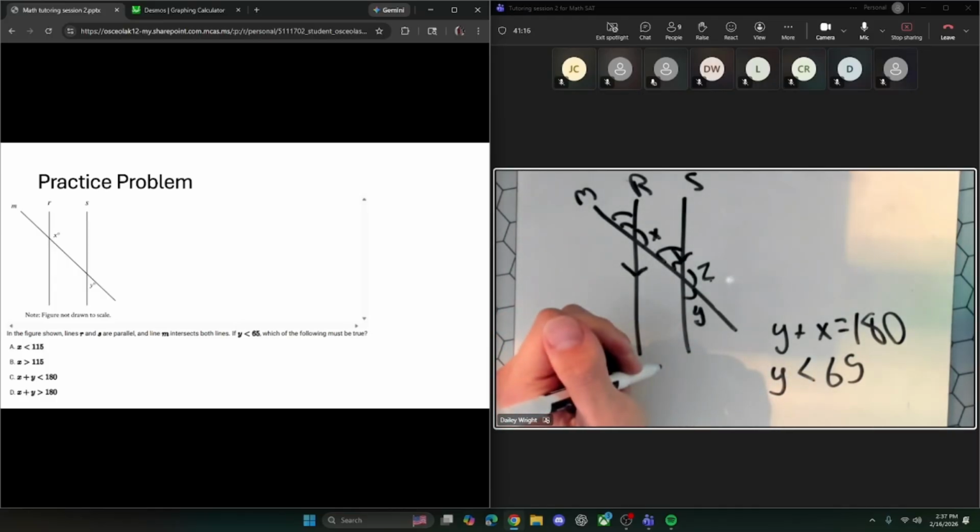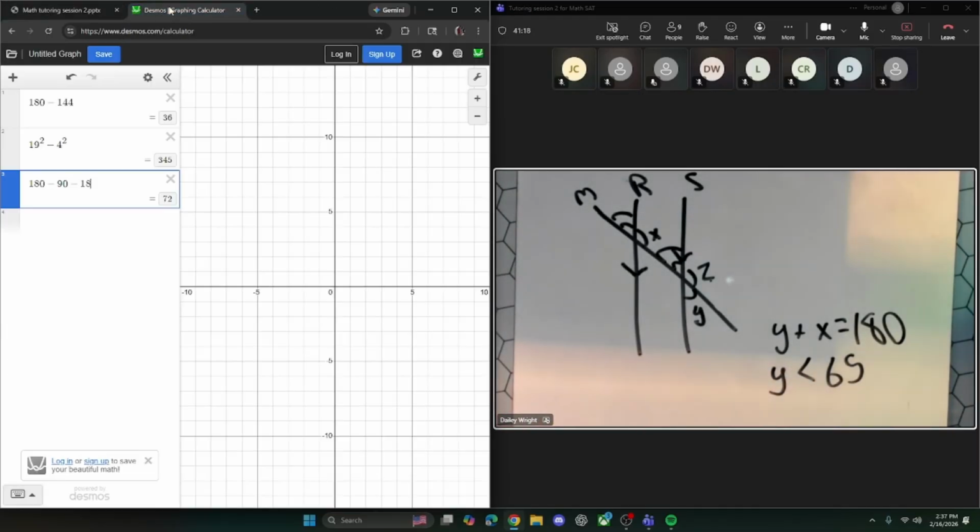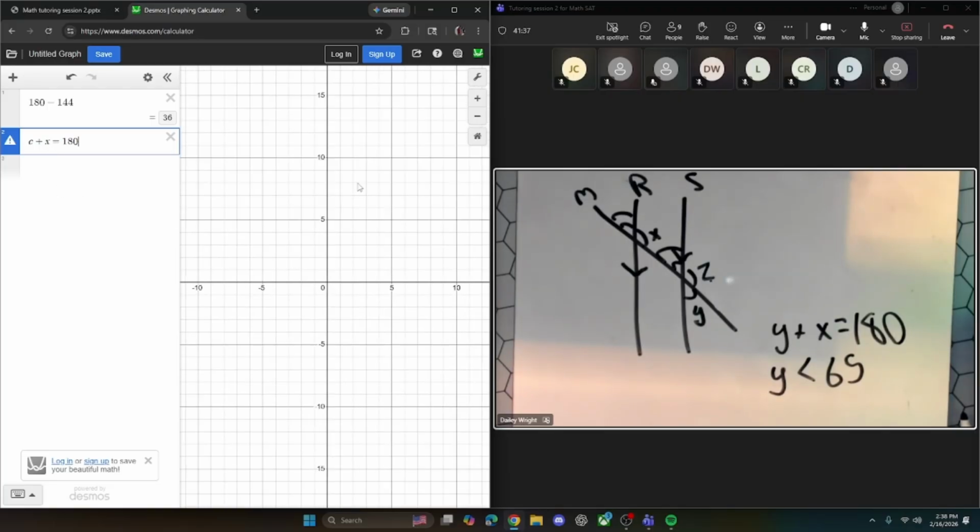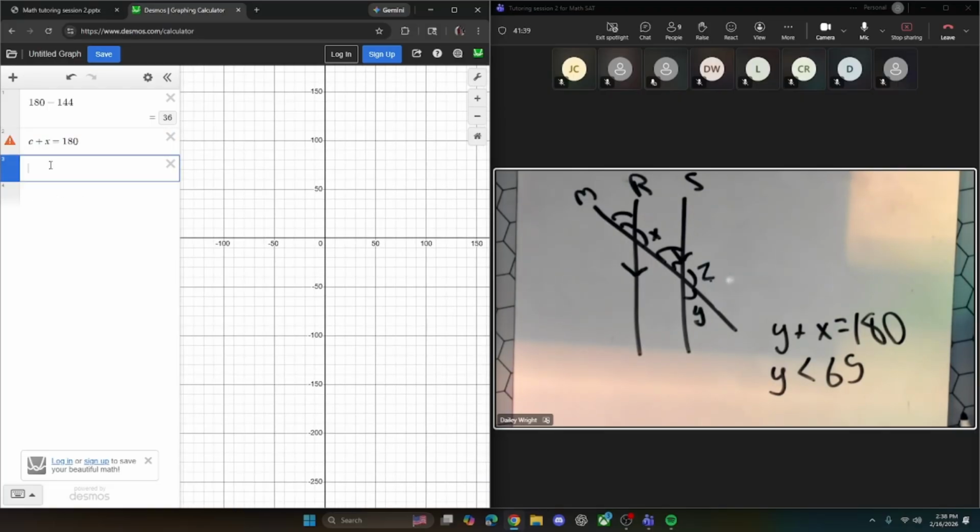So, let's see what it looks like in Desmos. I'm going to do C plus B, and then I would do C plus X equals 180, because I want C to be a constant. Then I'm going to zoom out a little bit and make a slider for C. You don't really have to do this. You could really just subtract 65 from 180, and that'd be 115.